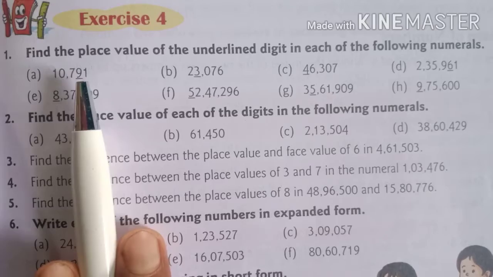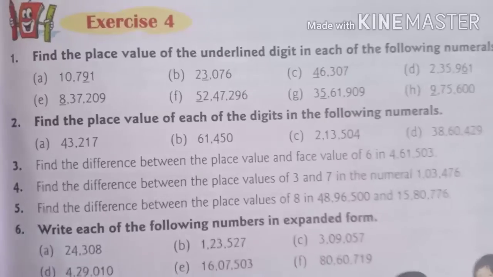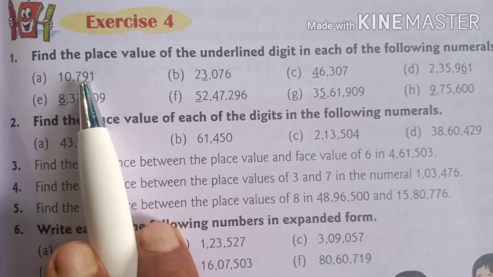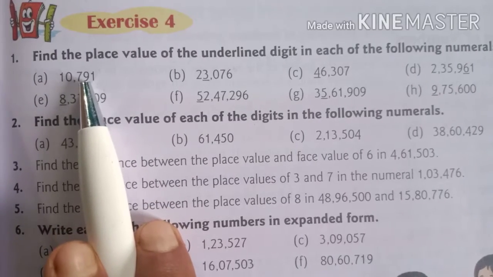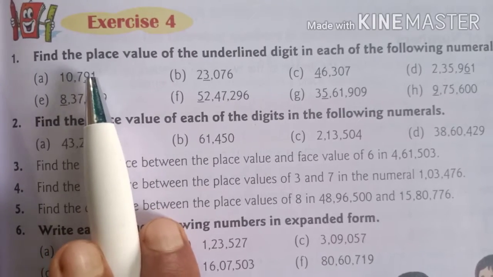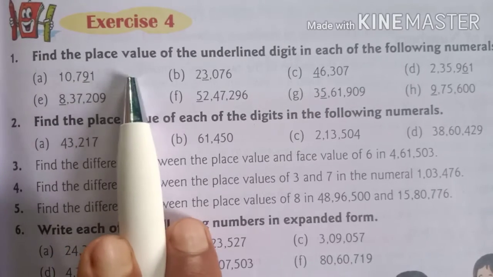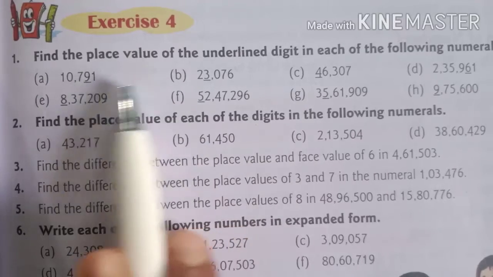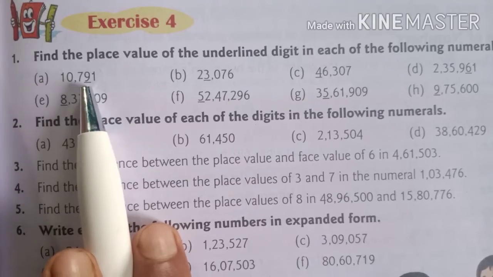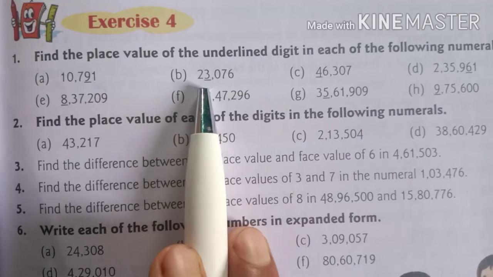So you have to find the place value of 9 in this numeral. 9 is situated at the tens place, and the place value of tens is 10. So the place value of 9 in this numeral will be 9 multiplied by 10, which is equal to 90. So the place value of 9 in this numeral is 90.